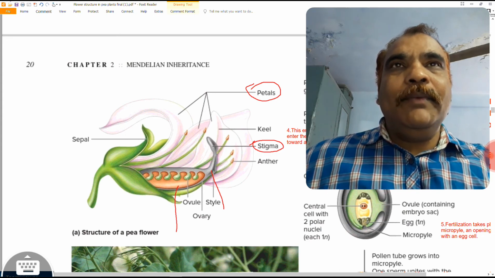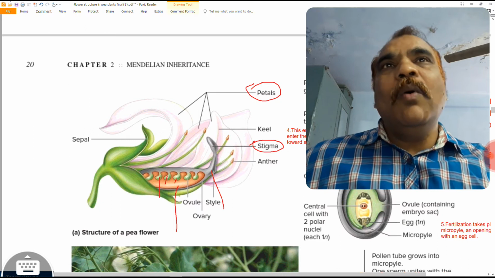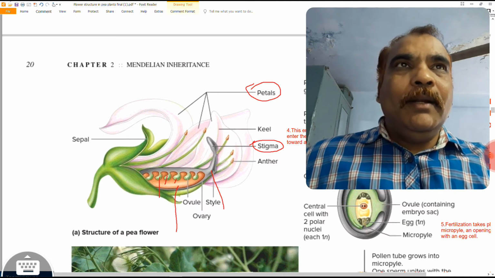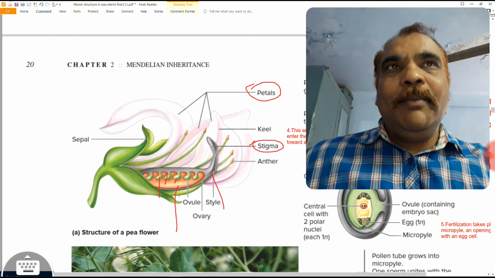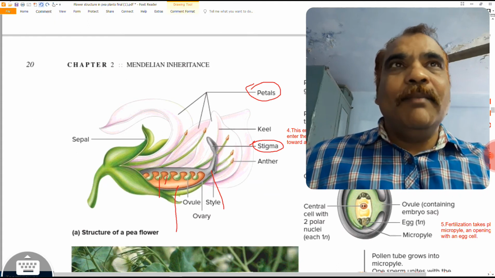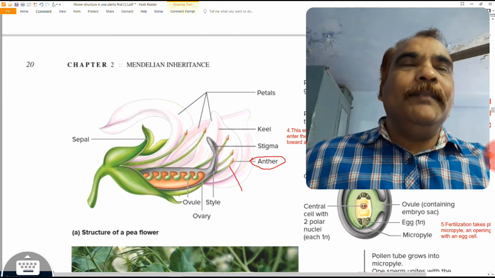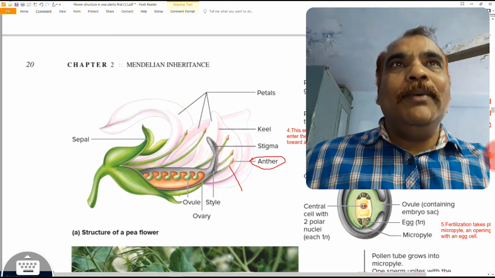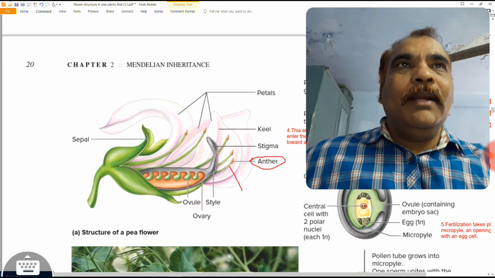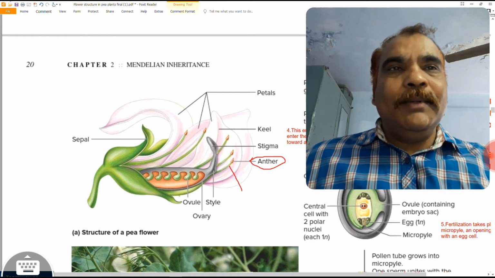And inside the ovary, as you can see, ovules are present. Now the stamen, the male reproductive organ, is composed of anther and filament. So anther and filament together form the stamen. Now in the anther, pollen grains are produced.